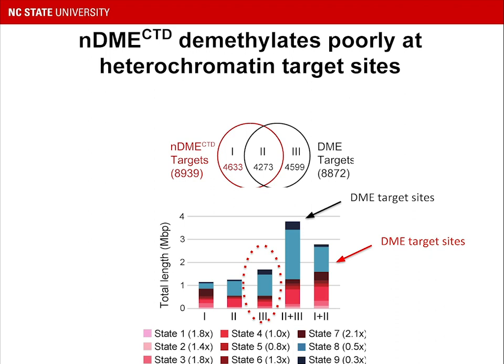So now if we compare all the targets of the endogenous DEMETER versus all the targets of the C-terminal, the endogenous targets have a lot of heterochromatin region, and this got heavily reduced but enriched for the euchromatic sites.